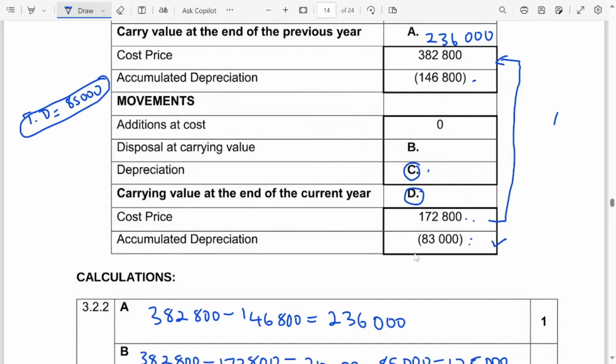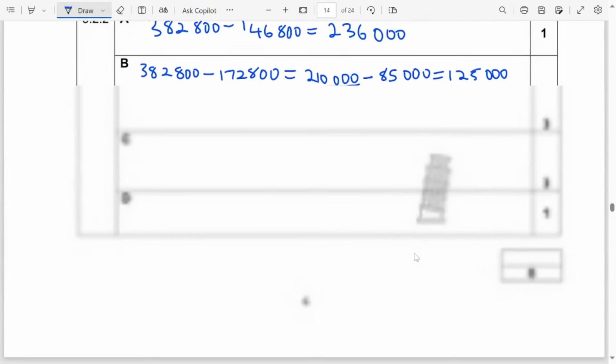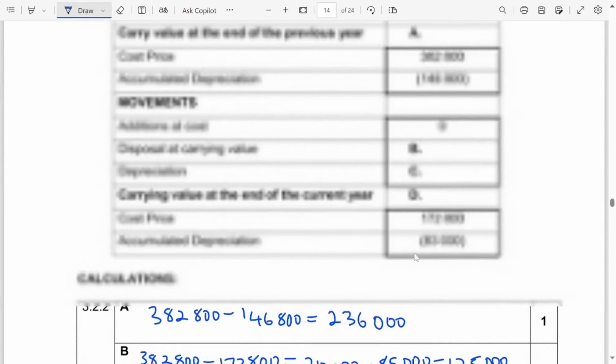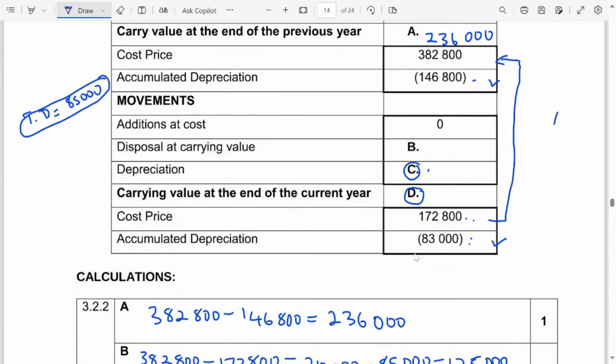To find the accumulated depreciation at the end, we say accumulated depreciation at the beginning, which is 146,800, plus the depreciation.